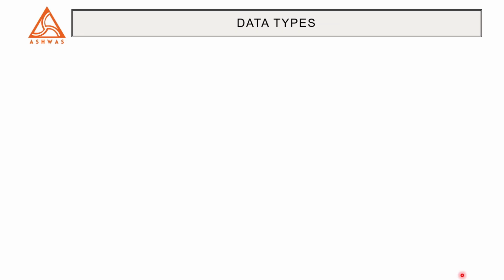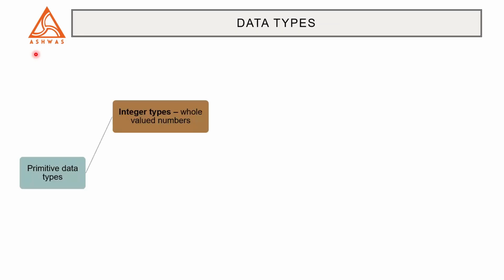Let's understand this. All the data types that we will be doing now are the primitive data types which are ready-made in Java. Let's see which are these. The first ones are the integer types, which will be used to store whole valued numbers.